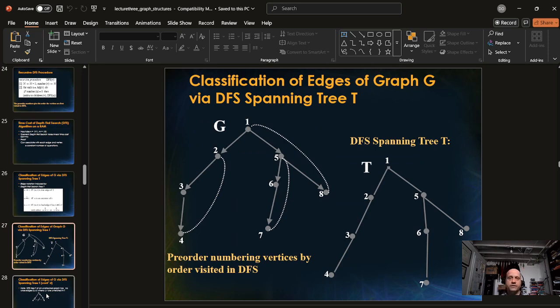Here's a classification of edges of graph G via the depth first search spanning tree T. Here are the pre-order numbering of vertices by order visited in depth first search. The depth first spanning tree T is identified to the right, without the back edges.